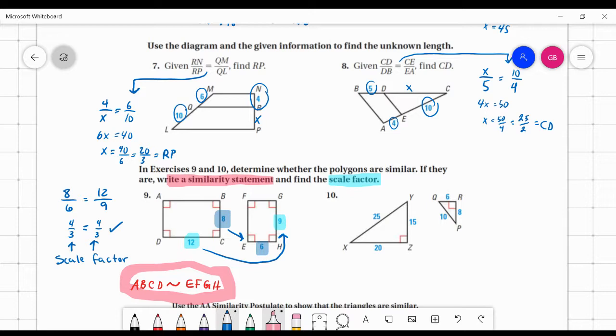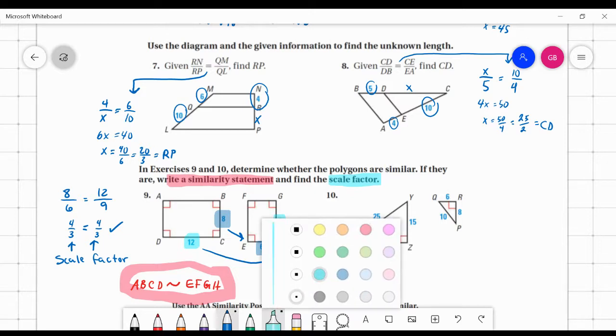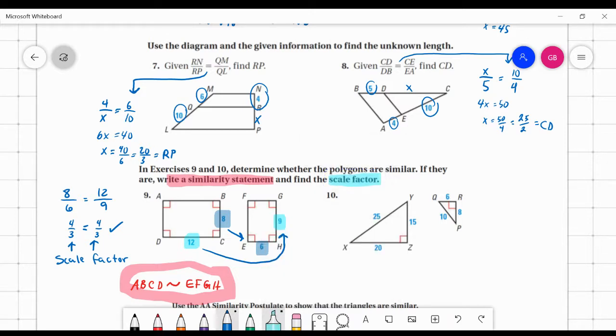All right, for number 10, we have a triangle. So we have to verify that the 3 sides of the triangle have a common ratio, which is the scale factor. Okay, so let's start with the shortest side, then the middle side, and then the longest side. So the shortest side of the triangle is the 15. So we're going to compare it to the 6.